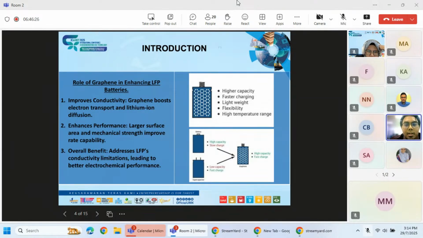And its exceptional mechanical strength and high surface area also contribute to improved structural integrity and rate capability. By incorporating graphene, the electrochemical performance of batteries is markedly enhanced, addressing key challenges and making them more suitable for high performance energy storage application.